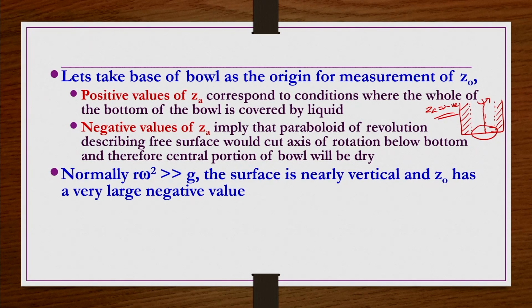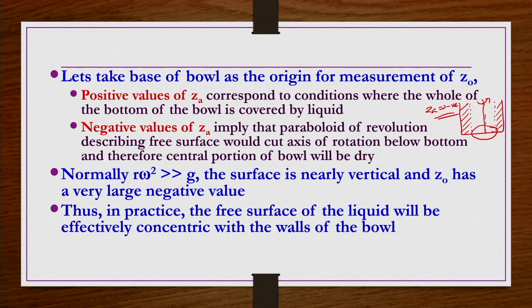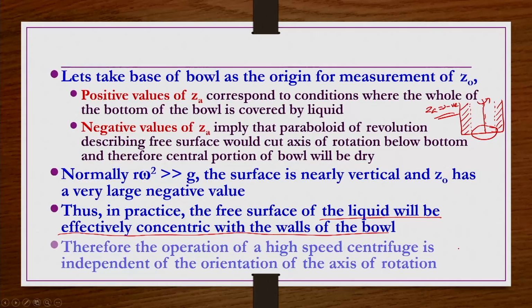But in general we know that R omega square is much larger than G, that is, centrifugal force is much larger than gravity force. The surface is nearly vertical and Z naught has a very large negative value. Thus, in practice the free surface of the liquid will be effectively concentric with the walls of the ball.